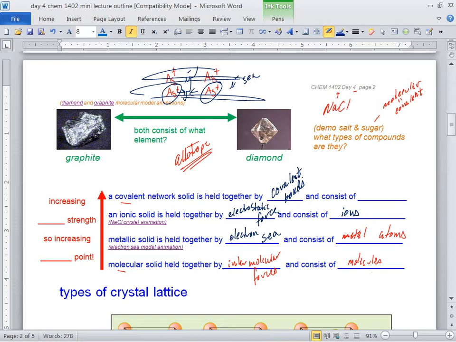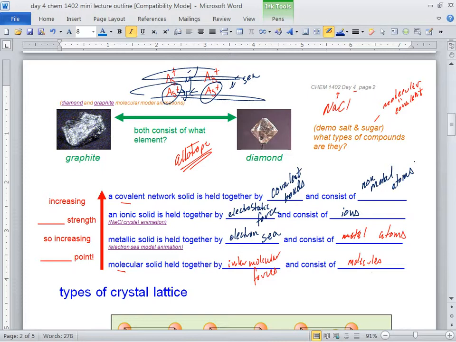Carbon, perfect. Carbon network solid, diamond, right, consists of, I guess you could say nonmetals. I guess we should say ions, right? Or in this case, not ions, but atoms, because we're talking about the very microscopic level.